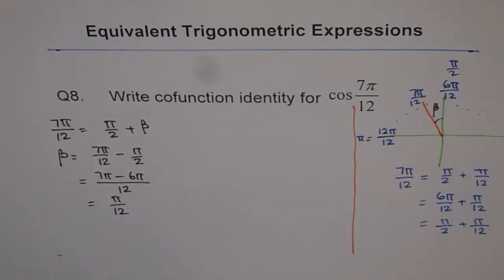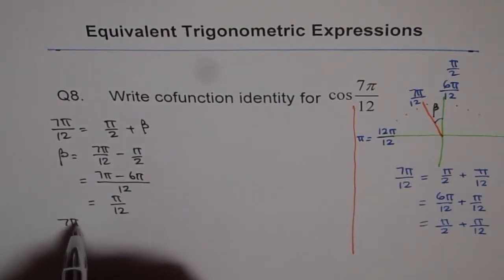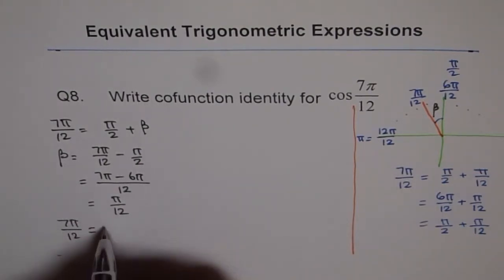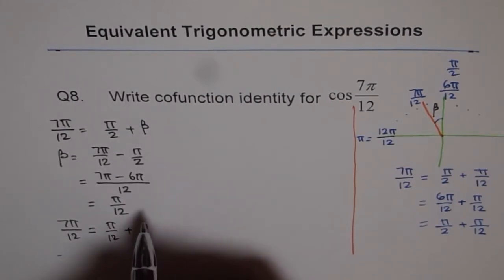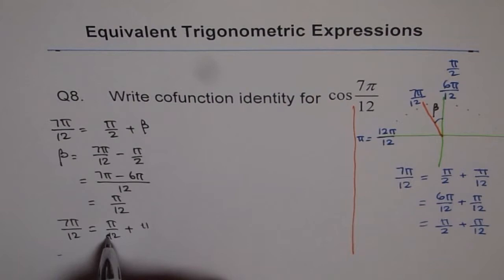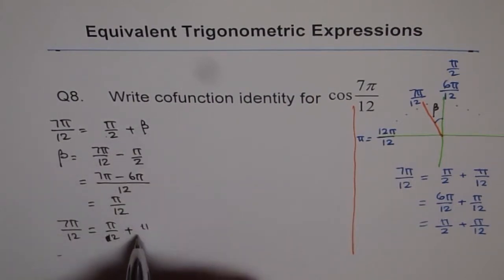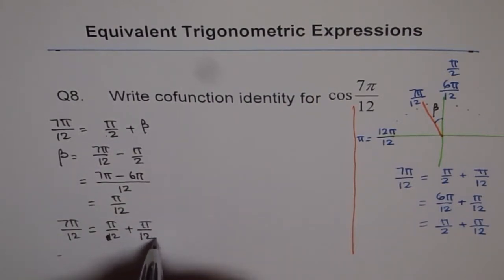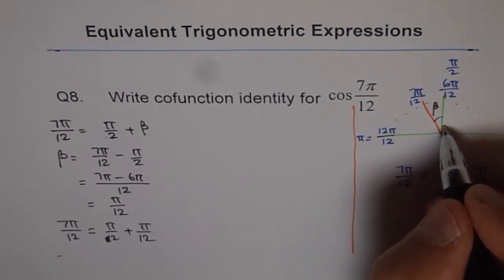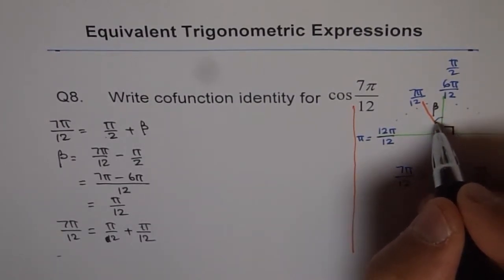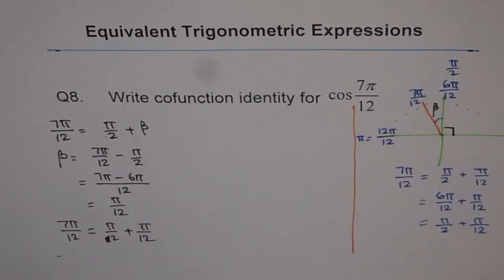So beta is pi by 12, and therefore 7 pi by 12 is equal to pi by 2 plus pi by 12. So pi by 2 plus pi by 12 gives me 7 pi by 12.